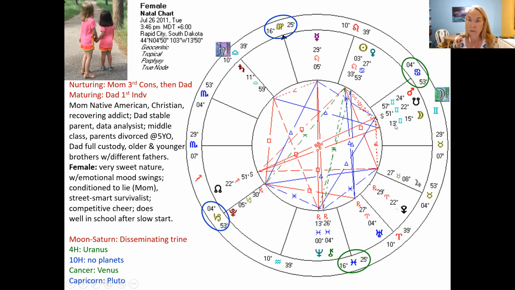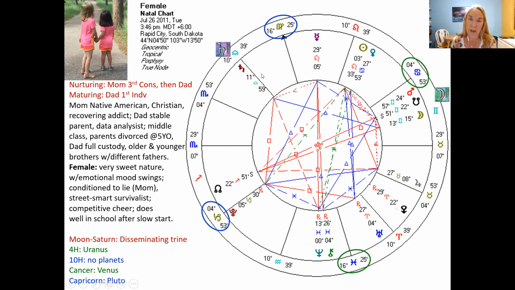In this case, the moon is in a disseminating or waning trine to Saturn in Libra again. We've had 3 charts with Saturn in Libra. Let me get my houses right. In the 4th house, we have Pisces on the 4th house cusp, and we have Uranus in the 4th house. Then we have Virgo up here on the 10th house cusp.